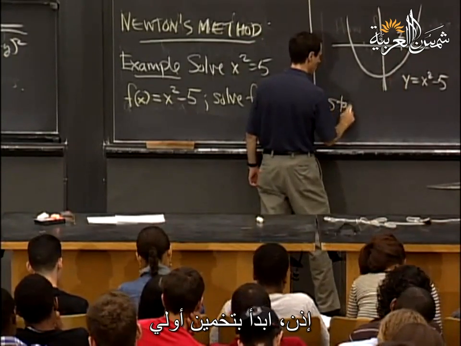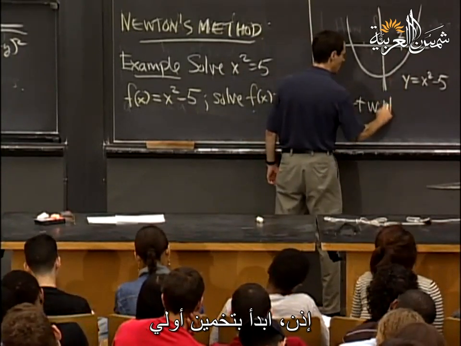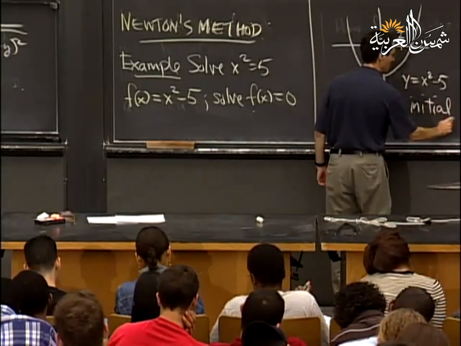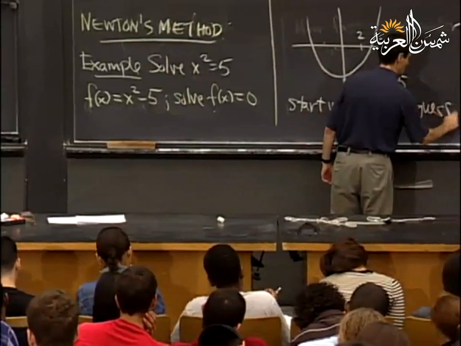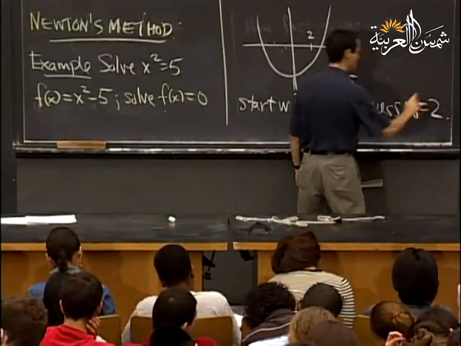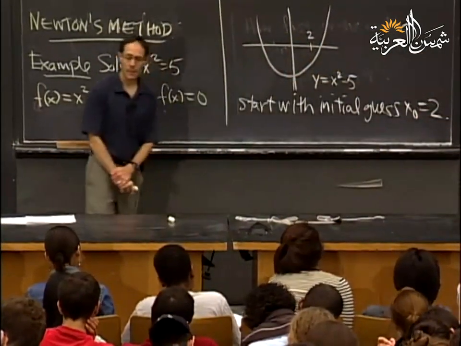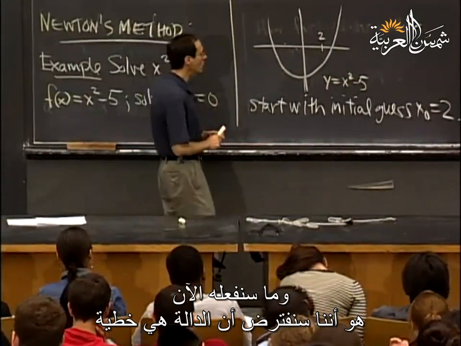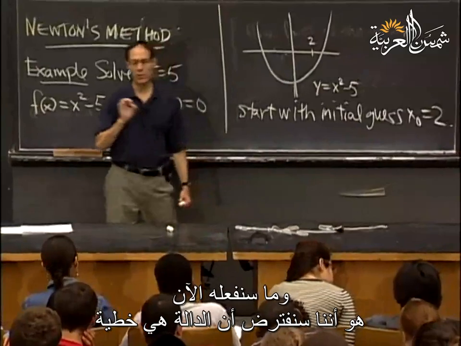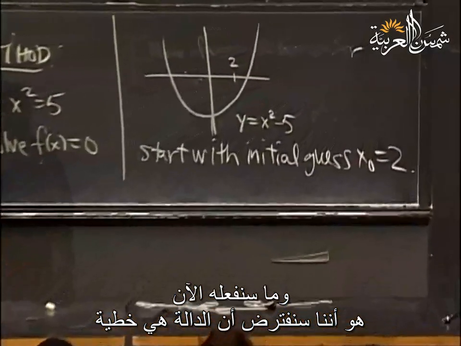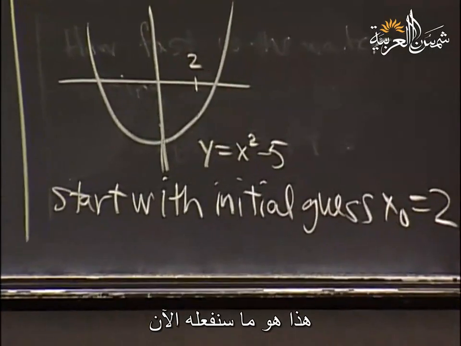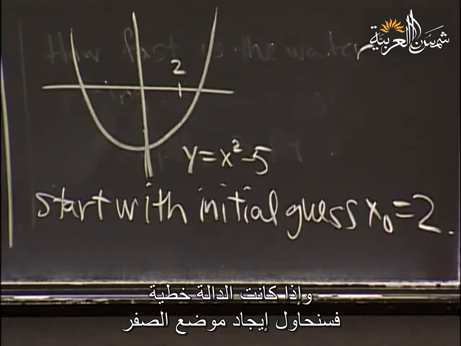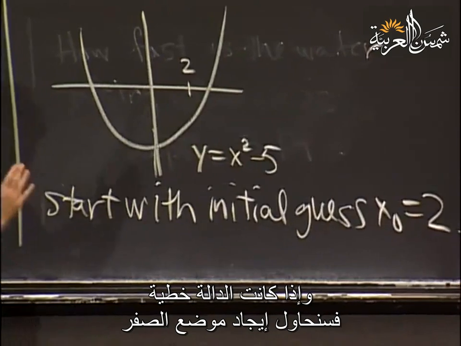So start with an initial guess. All right? So that's our first guess. And now, what we're going to do is we're going to pretend that the function is linear. That's all we're going to do. And then, if the function were linear, we're going to try to find where the 0 is.